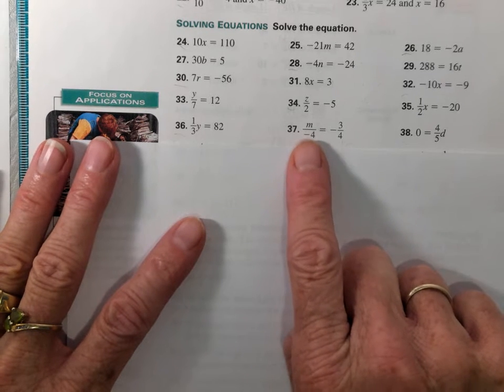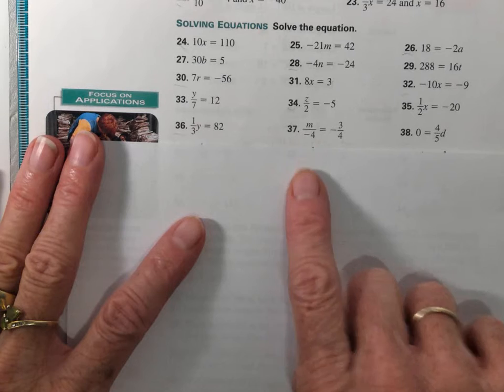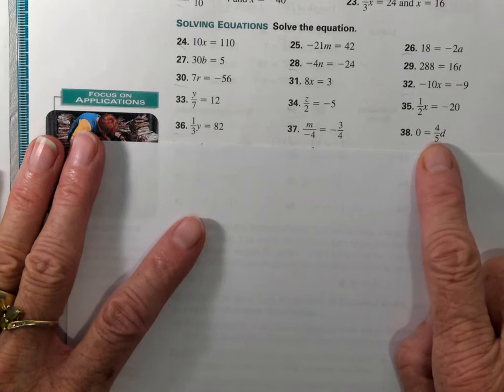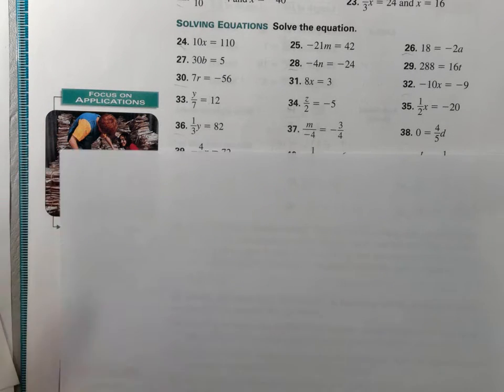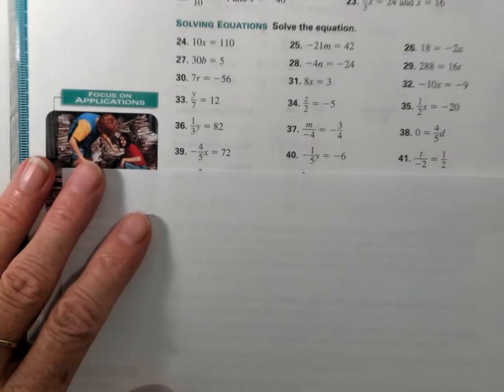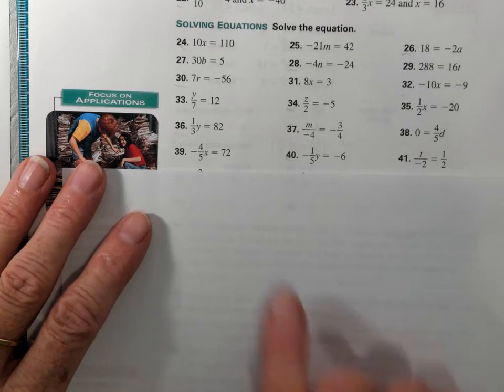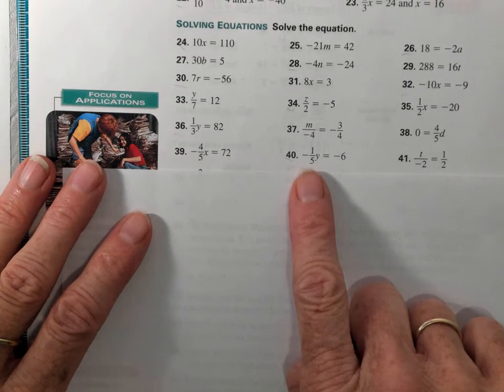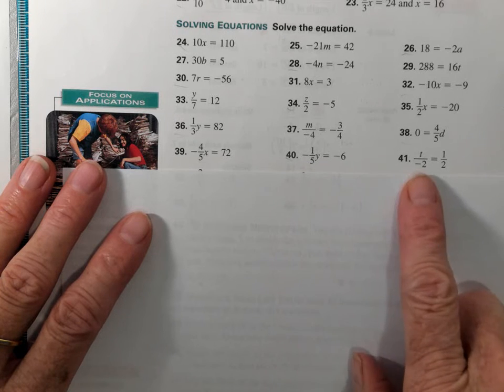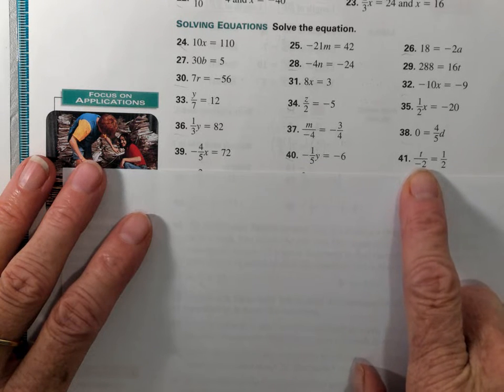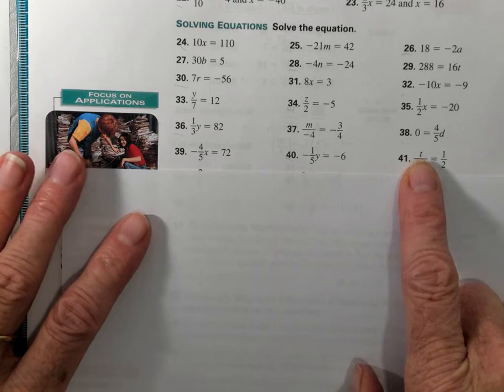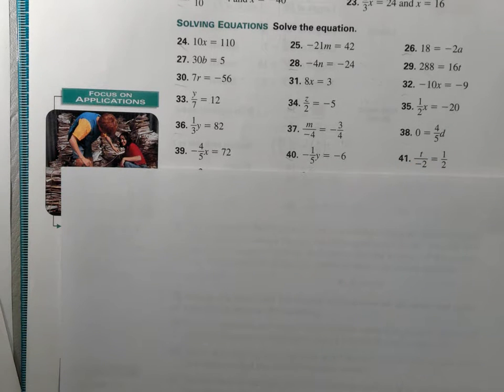I would multiply by -4 on both sides, because here's your variable, so you're multiplying by -4. Okay, here's your variable here, so you're multiplying by 5 on both sides. Okay. Same thing with these, you're multiplying by the denominator, and just be careful, you're multiplying here by -2, because there's your variable. All right? Okay. And then you can solve it because it's quicker that way.